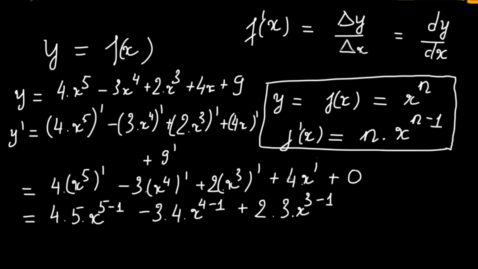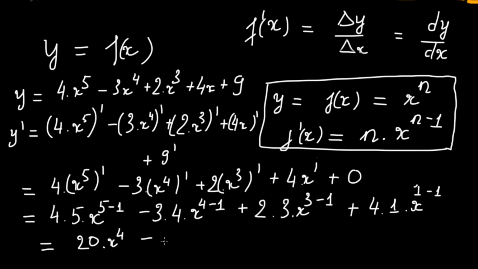And then you see 4x prime should be equal to 4 times x prime, which is 1 times x to the power of 1 minus 1, right? And then 0. We can simplify this by multiplying 4 times 5 is 20 times x to the 4th. 5 minus 1 is 4.